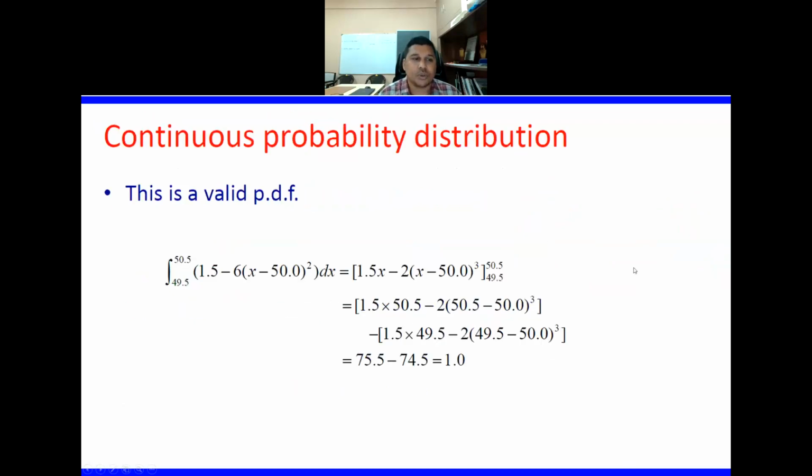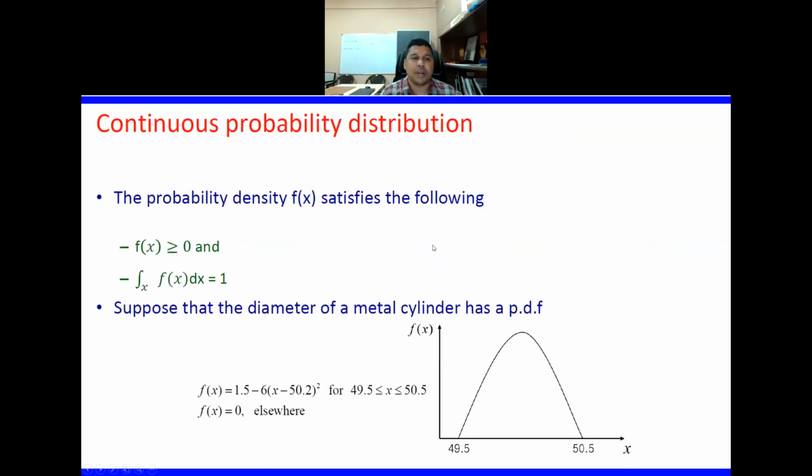Okay, so this is just an example. We said, right, metal cylinder, X is a continuous random variable. If this represents the diameter of a metal cylinder, that is 49.5 to 50.5. Metal cylinder is just an example. So we say this is a continuous random variable. It can take any value between 49.5 and 50.5.